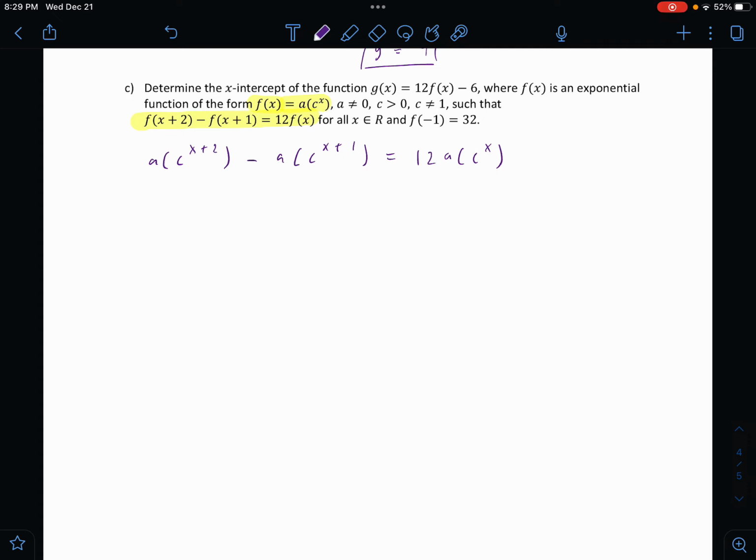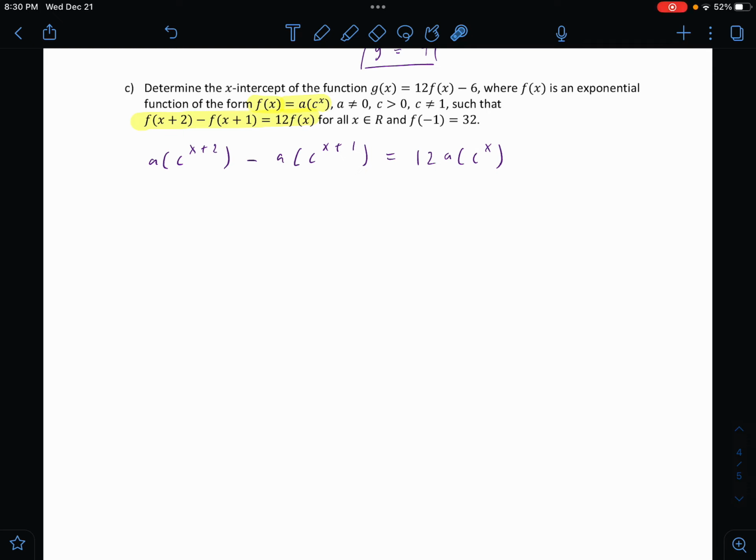Okay, so all that I have done is I basically used this statement here. I looked at my function, and I substituted x plus 2 in for x, which is here, and I substituted x plus 1 in for x, and I got this.